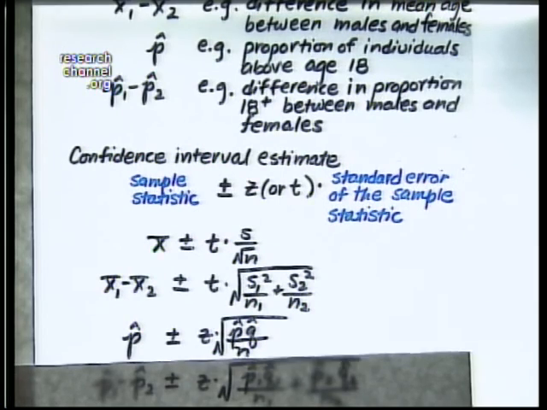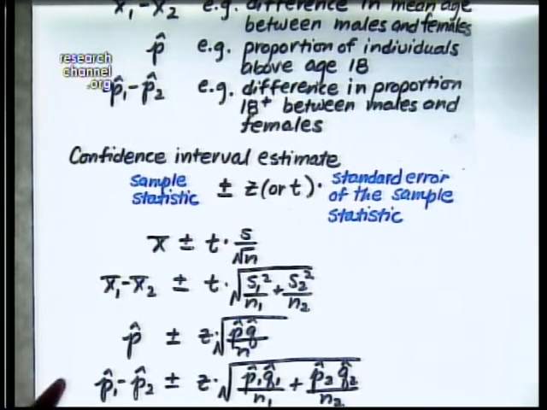And lastly, this could be expanded to the final scenario where we're looking at differences in two proportions, and we would take the difference in the sample proportions, form an interval around it by adding and subtracting z times the standard error that again is dependent on the sample sizes n1 and n2 and the sample proportions p1 hat and p2 hat.